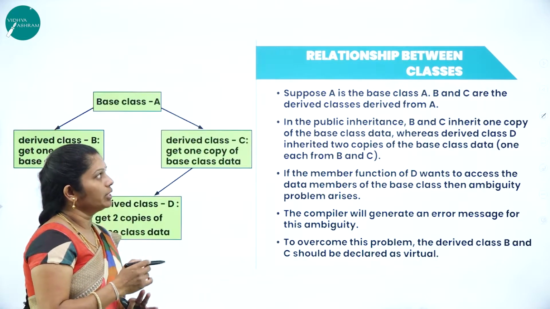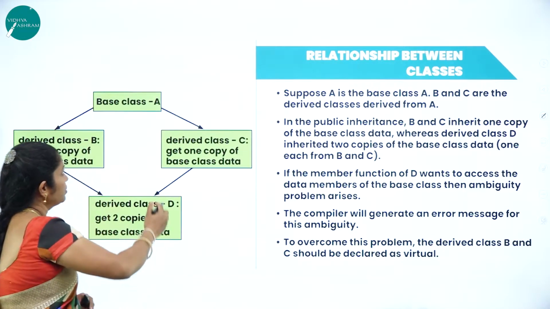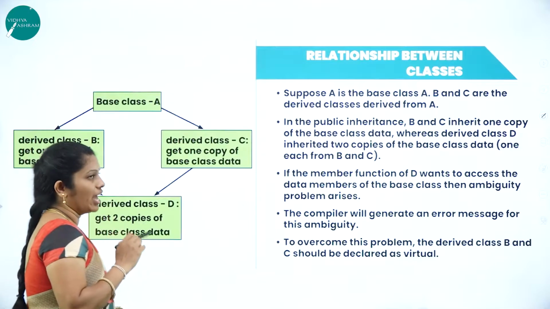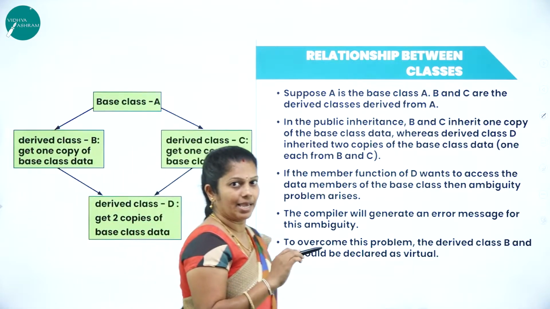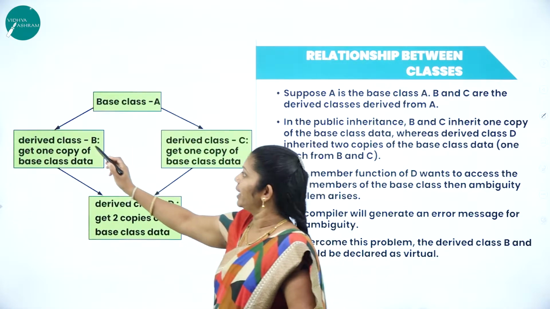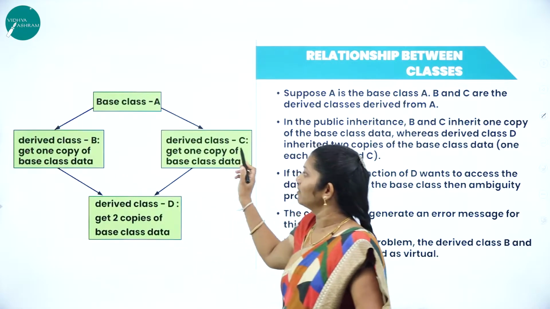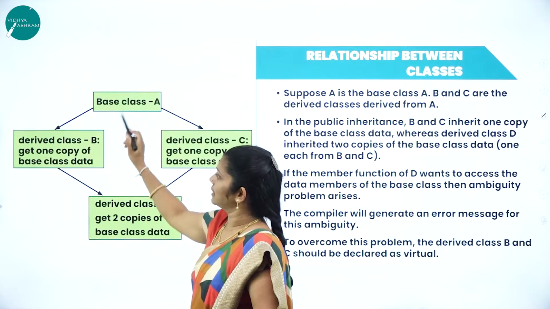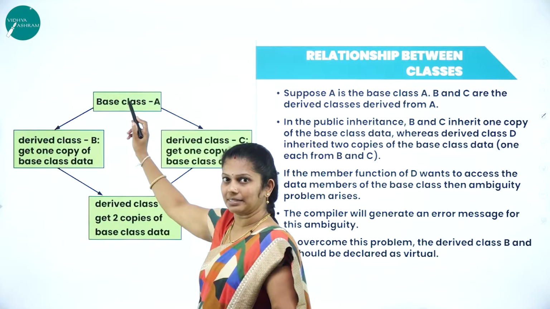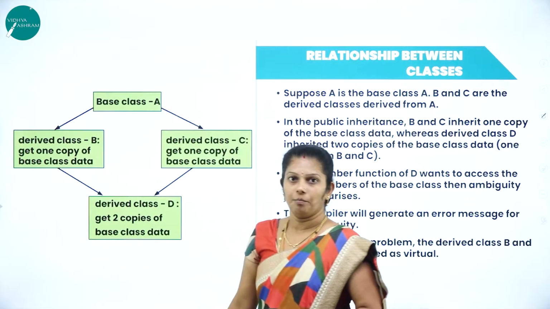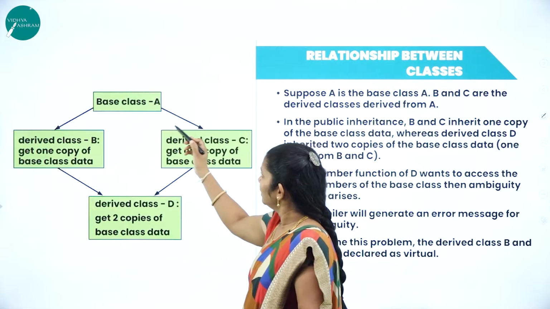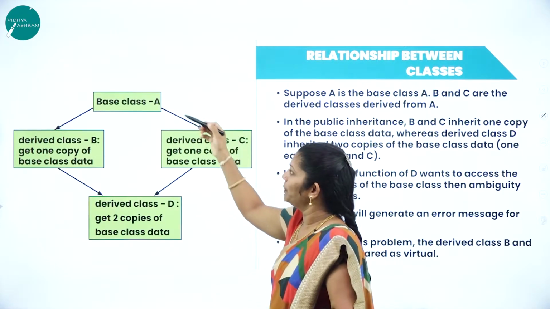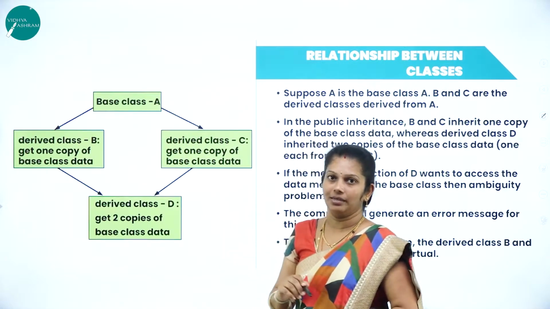First, when we come to the relation between classes, if I observe this diagram, here we have the base class A. On this, we have derived class B and here derived class C. Here, it gets a copy of the base class. That means whatever properties are in the base class A are transferred to B. Then in the derived class C, whatever properties are in the base class A are transferred to C here.